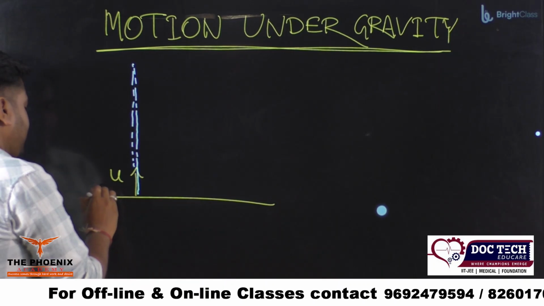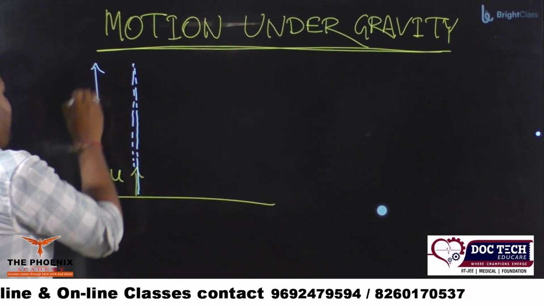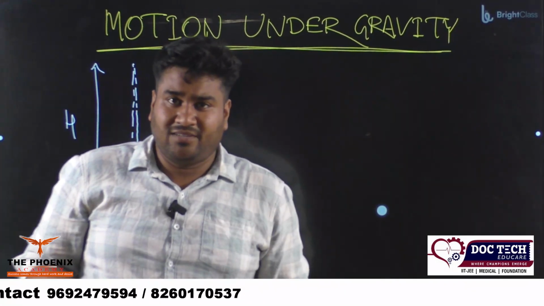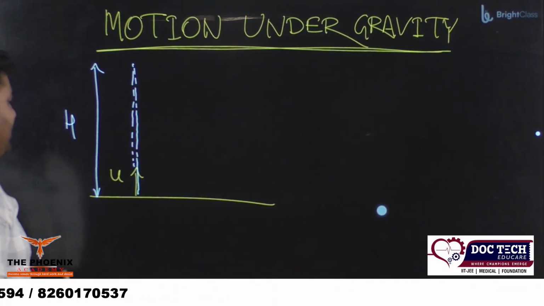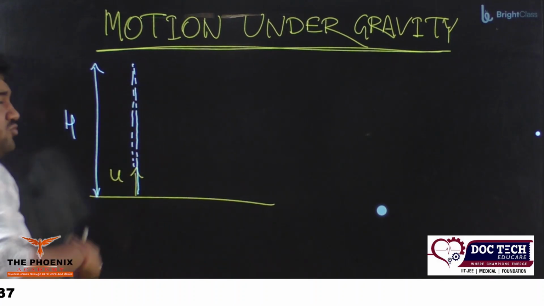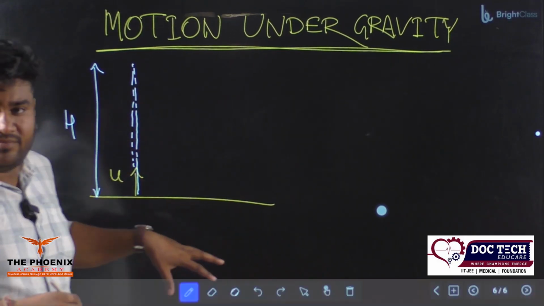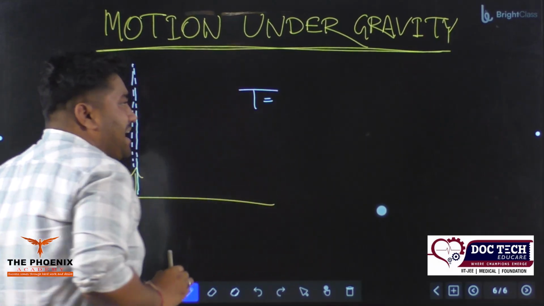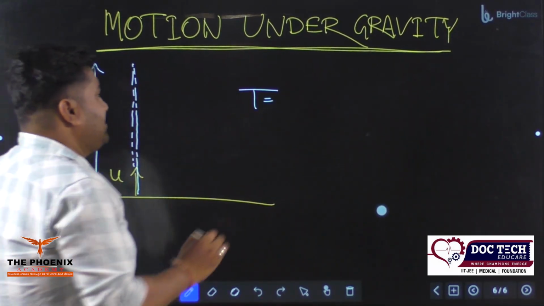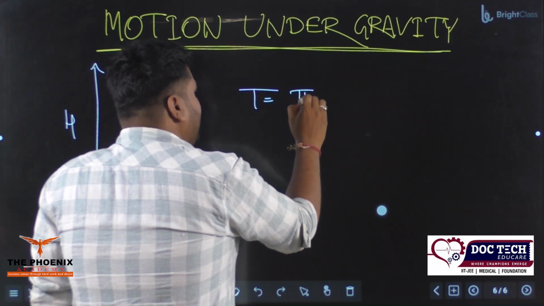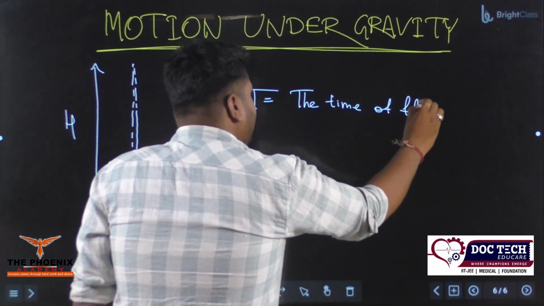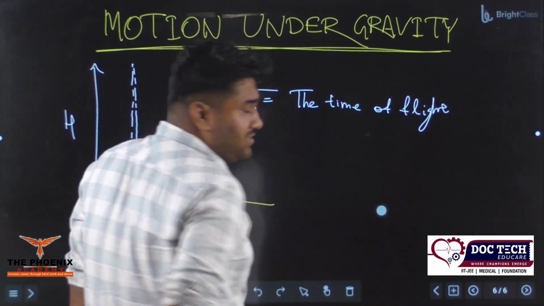First of all, the maximum height attained by the object. Then the time spent through the whole trip by the object, how much time is spent in air, that's capital T, the time of flight of that object.